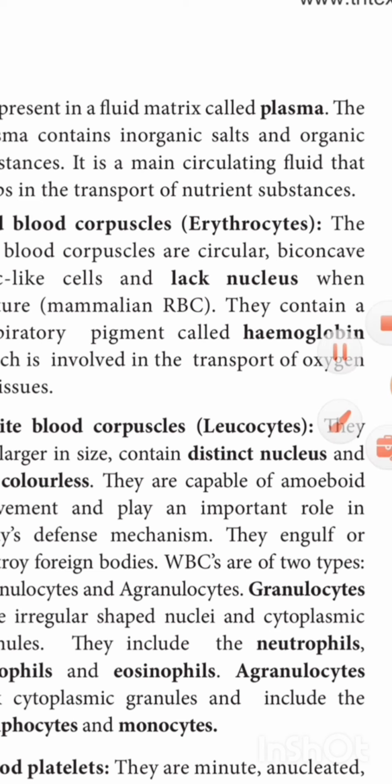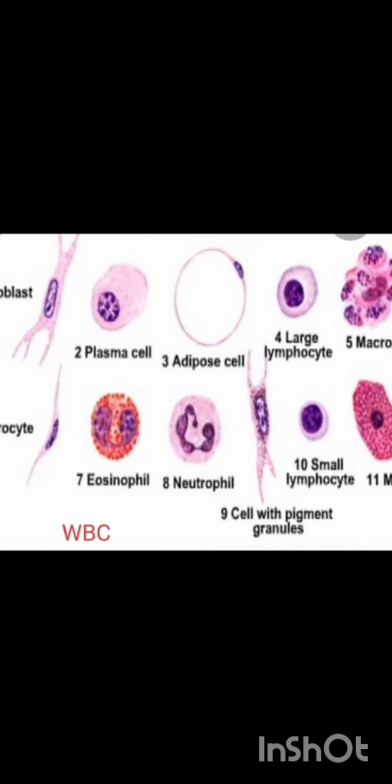Next, we need to see about WBC, that is white blood corpuscles. The other name for WBC is leukocyte. They are larger in size, contain a distinct nucleus and are colorless. They are capable of amoeboid movement and play an important role in the body's defense mechanism. They engulf or destroy foreign bodies.